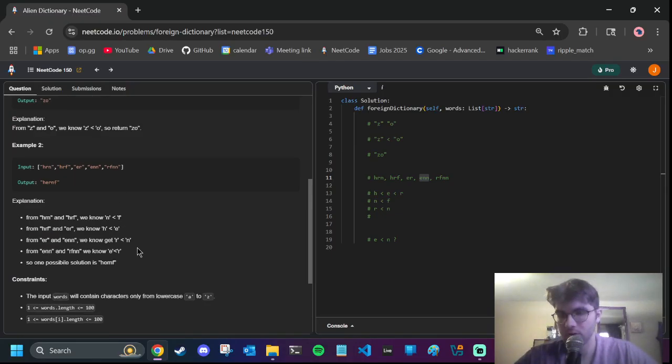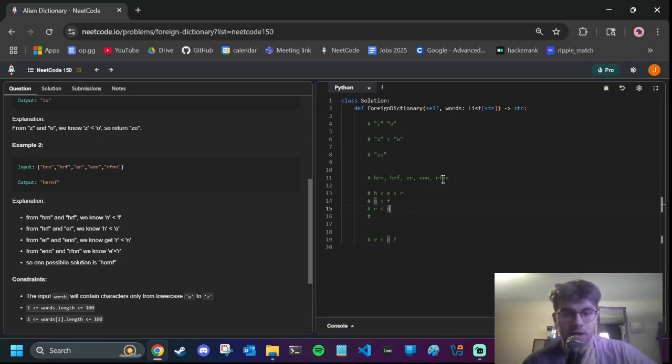Okay, it doesn't say that. So we don't know that this word itself is sorted, so we can't derive any information from the word itself, only the ordering of the words.